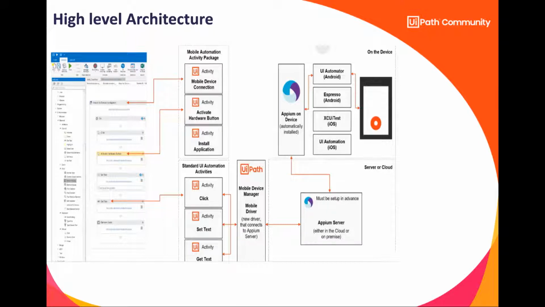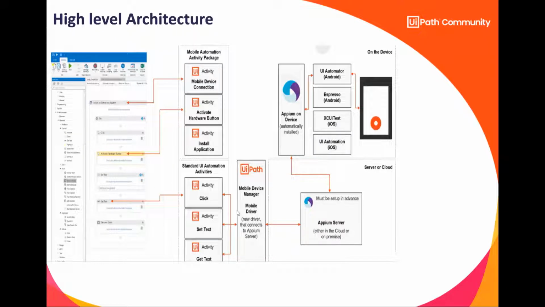So these are the components involved, and you can see on the right hand side there's Appium, right? And Appium connects with the real device and with the cloud, right? Appium servers are there, right? And on the left hand side you can see UiPath, the entire activities and packages, and the middleware is the mobile device manager, right?